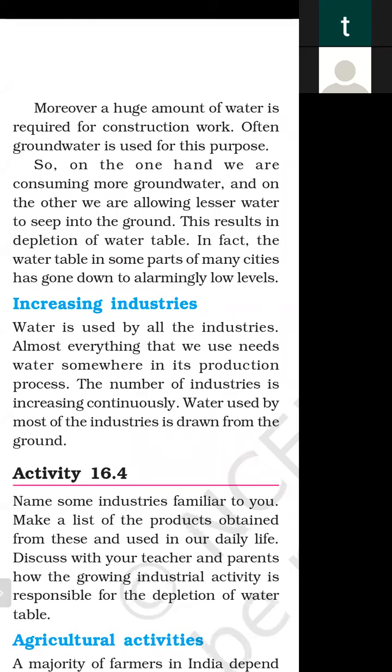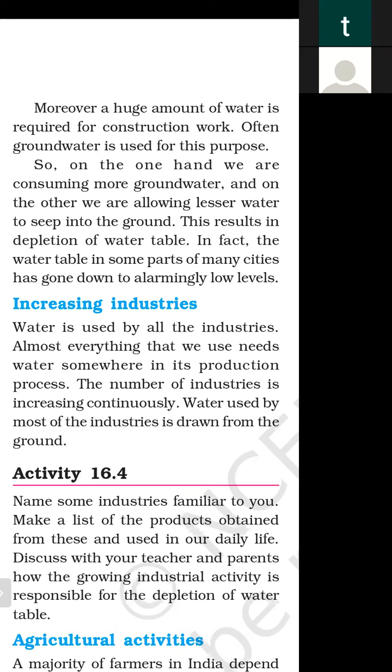Increase in population is one of the major factors for the depletion of the water table. The second factor is increasing industries. Water is used by all the industries. Almost everything that we use needs water somewhere in its production processes.